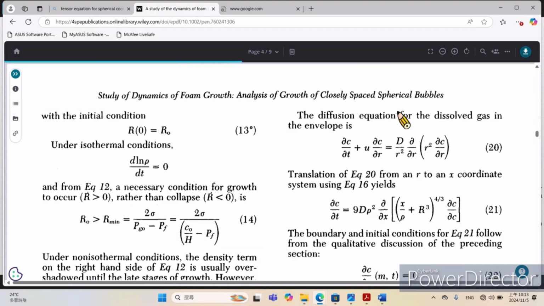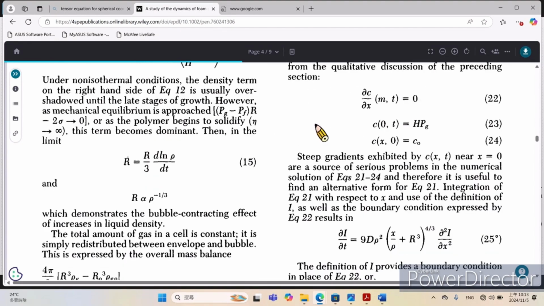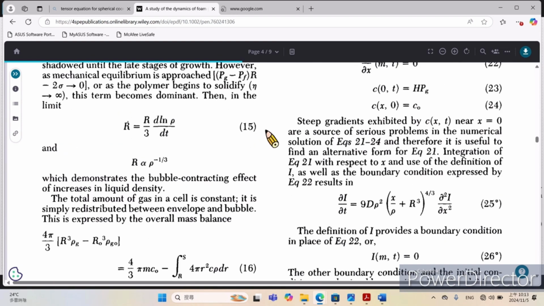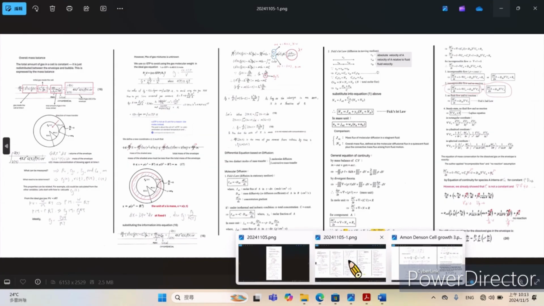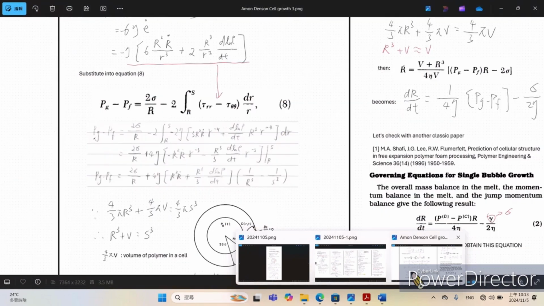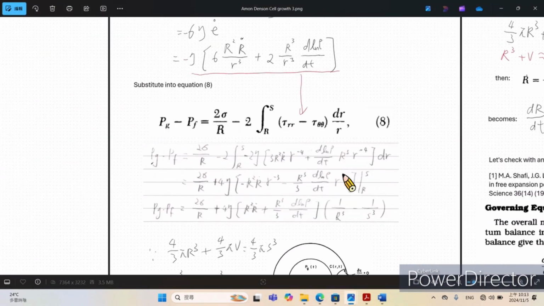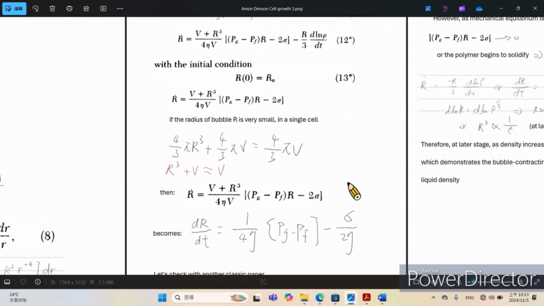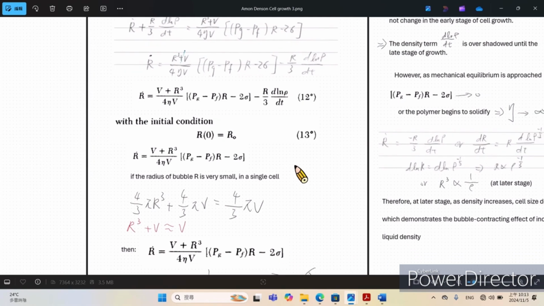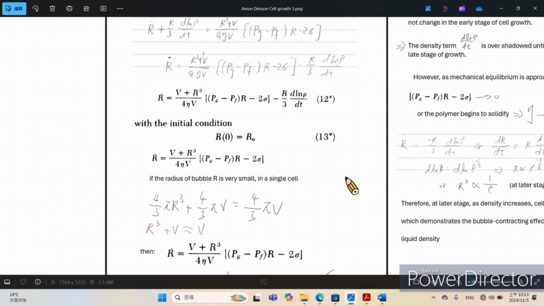Last time I think I finished until the momentum balance. Based on such a long hour, I think I finished the momentum balance at this moment. Finally I bring you this.